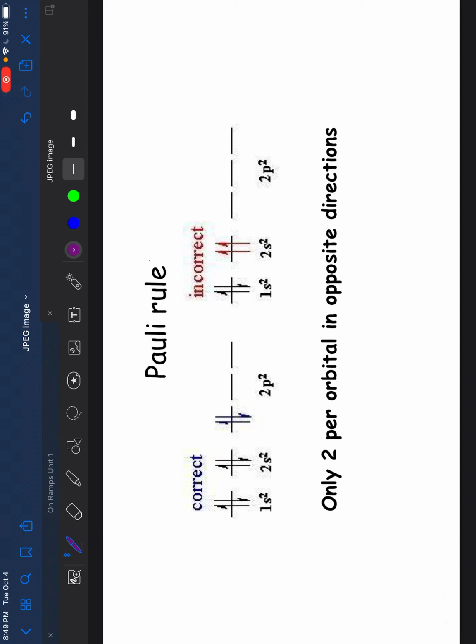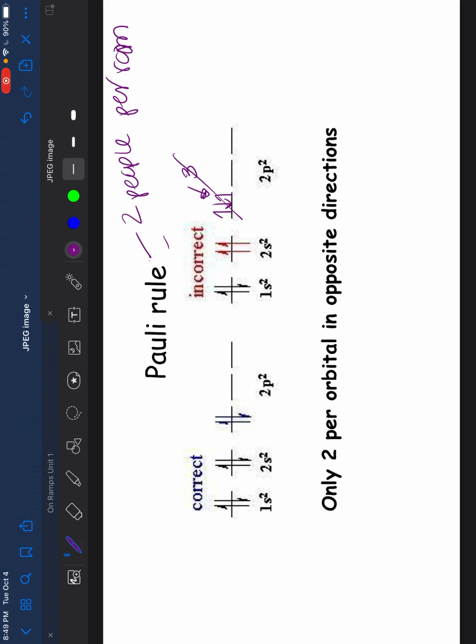Then Pauli says only 2 people per room. Only 2 electrons in an orbital. So for instance, a common one that you'll see on questions is them having 1 down, 1 up, and then 1 up again. That's 3 per room.